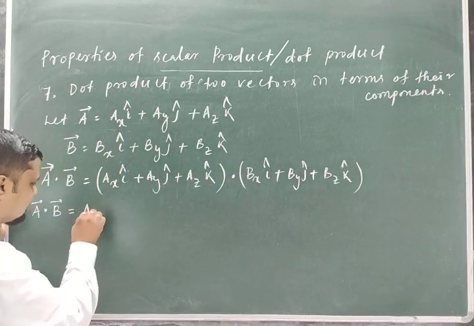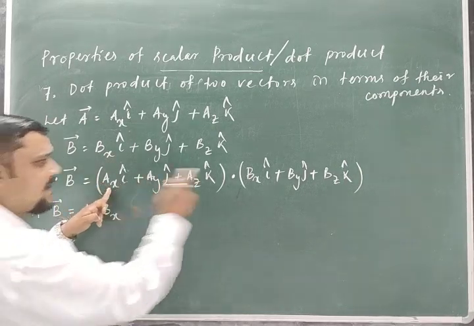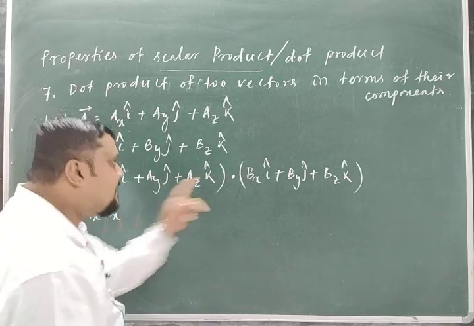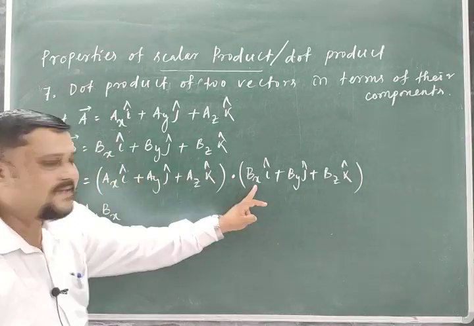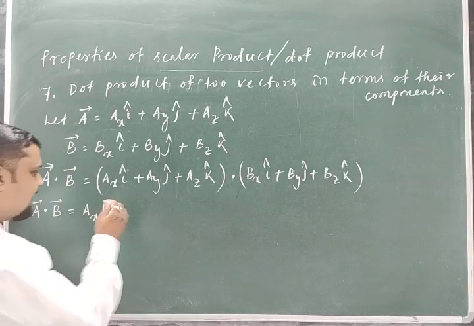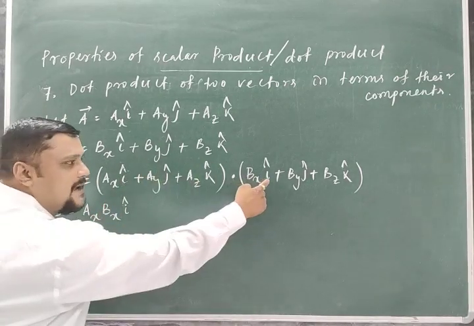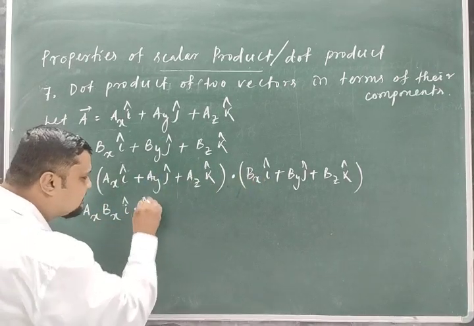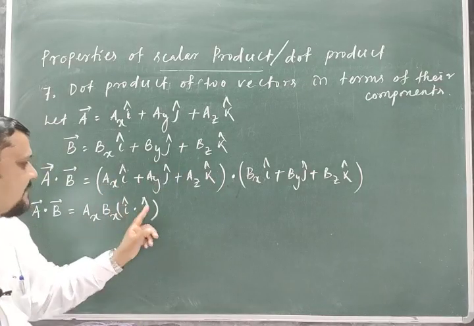How do we write this? ax i cap multiplied with bx i cap with a dot symbol. Why? ax is a scalar, bx is a scalar, so we can write ax bx. Then the vector i cap is multiplied with i cap with a dot symbol. This is important: ax bx i cap dot i cap.